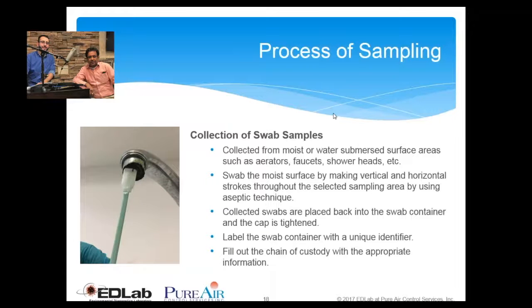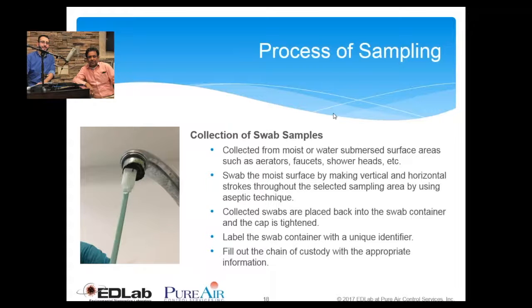So you can swab the entire surface, making vertical and horizontal strokes, and then very carefully transfer the swab into its original container. Typically, these swabs are moist. If not, then use distilled or aseptic water to moisten it before you make it ready for laboratory transportation.